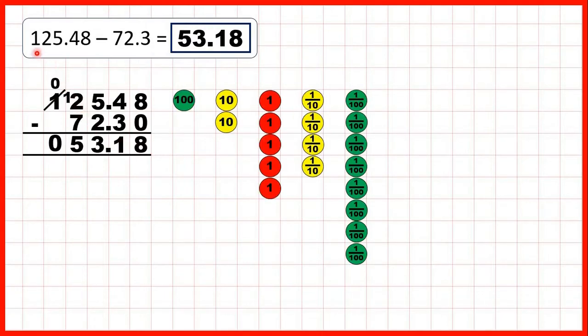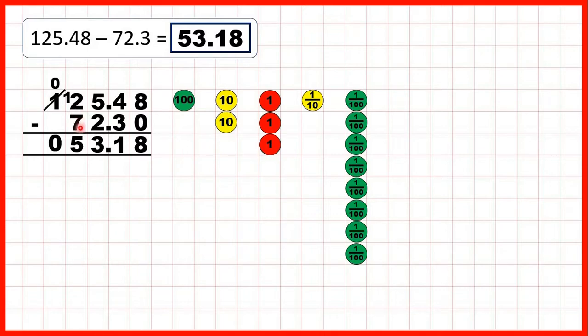Finally, we had 125.48, and we needed to subtract 72.3. We weren't subtracting any hundredths, so the 8 hundredths that was in our question stayed the same. We subtracted 3 tenths. Then we subtracted 2 ones.